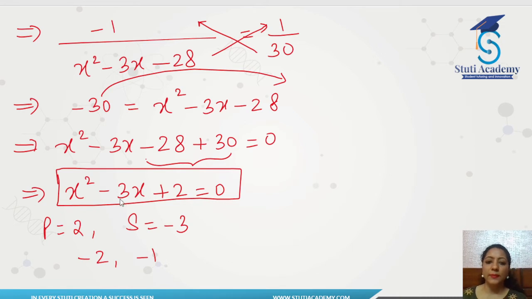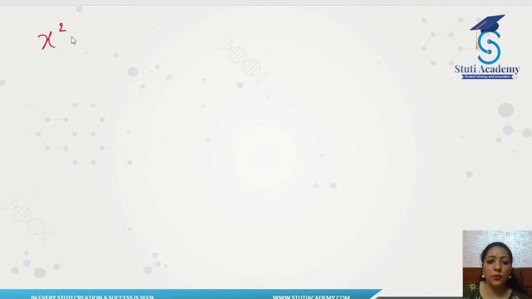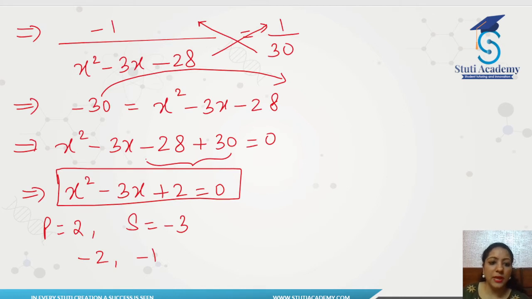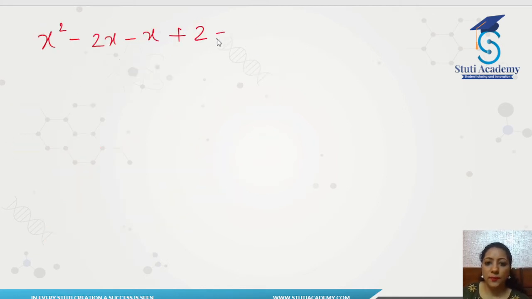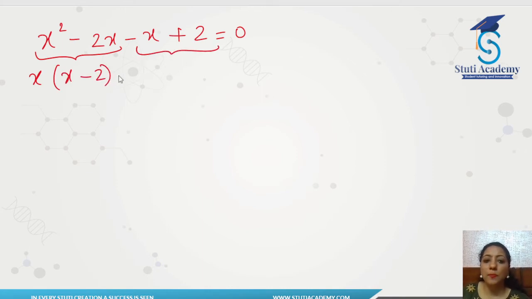This is very convenient. So we'll write this minus 3x as minus 2x minus x. x square minus 2x minus x, and then this plus 2 I'm writing as it is. There's no change here. Now we are going to take common. We'll get x into x minus 2. And then we can take common here, we'll get minus.